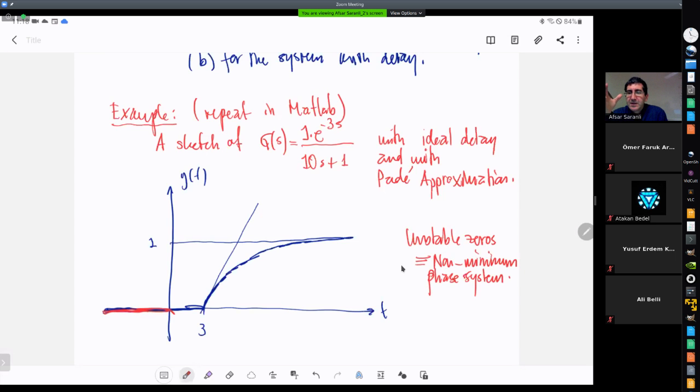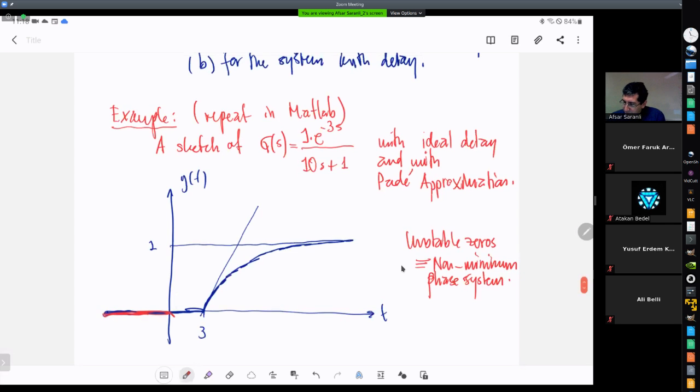But if there are zeros on the right hand side, it's a non-minimum phase system. Obviously, if there are poles on the right hand side, it's going to become unstable. So you don't talk about a minimum phase or a non-minimum phase. In this case, the response will be in the negative direction. But then it's going to come back and then it's going to match this system the rest of the way.